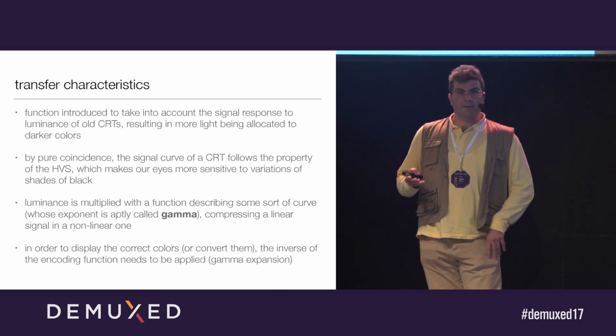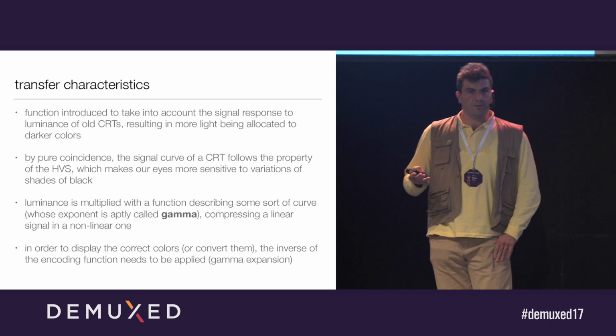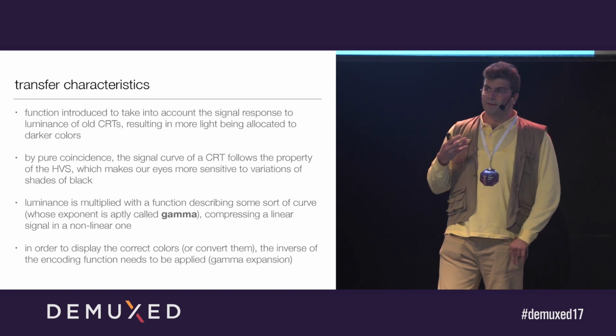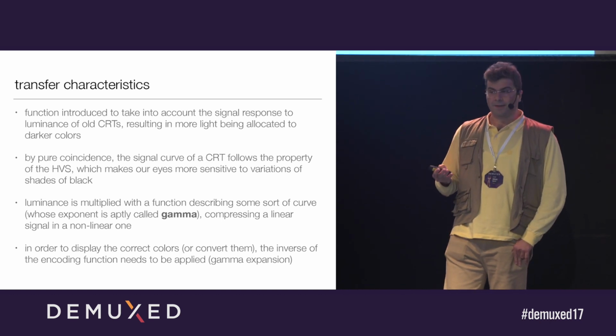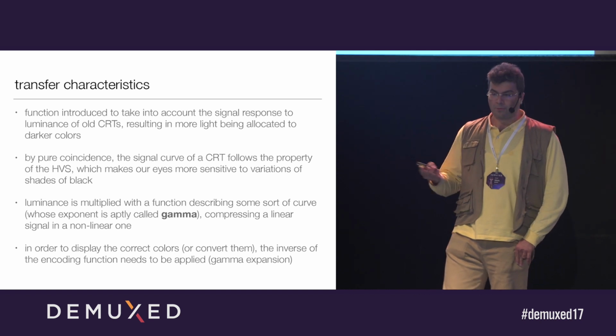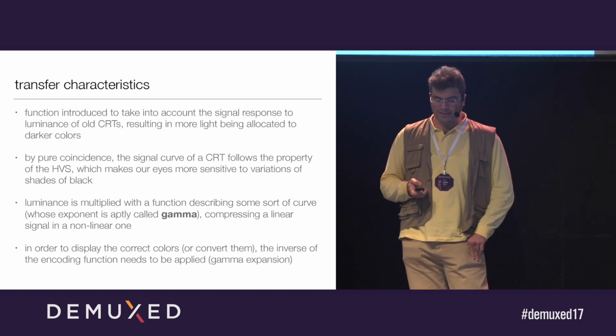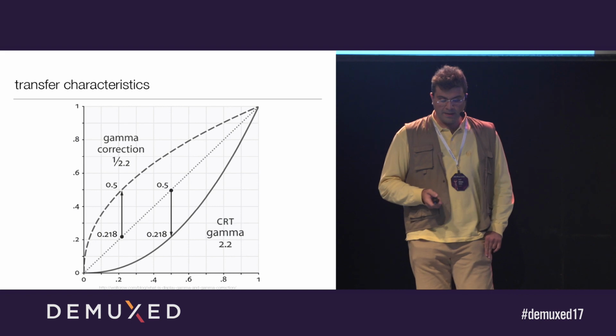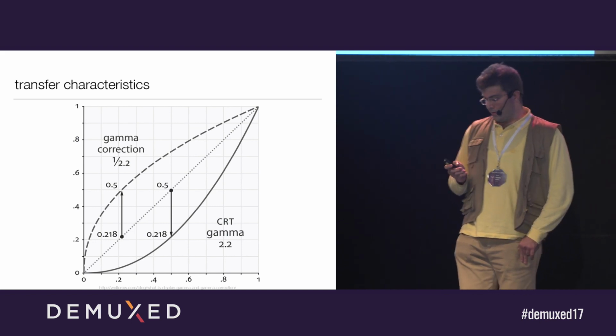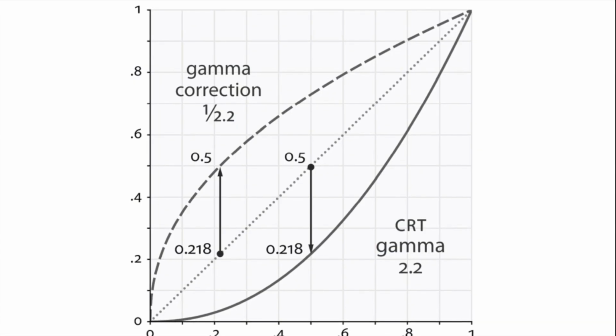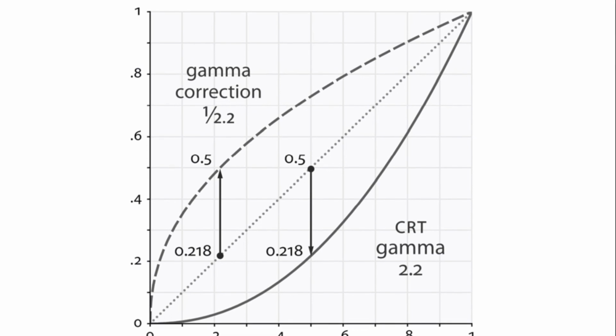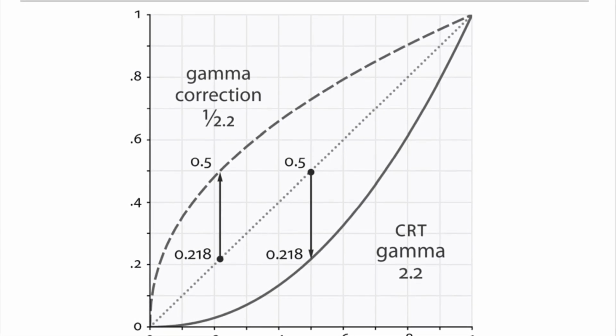And this is also called a gamma function because the curve is defined by an exponent whose variable name is exactly gamma. As an example, the dotted line is my color, what I'm trying to convert.